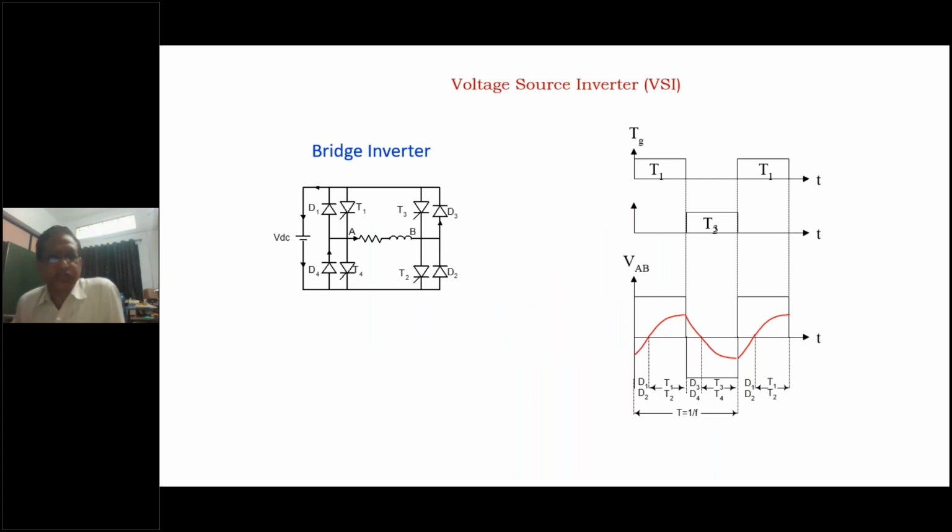This is a voltage source inverter. I have shown a single phase bridge inverter. In a single phase bridge inverter, there are 4 switches known as thyristors T1, T2, T3, T4. When it gives a positive voltage, T1 and T2 are on.